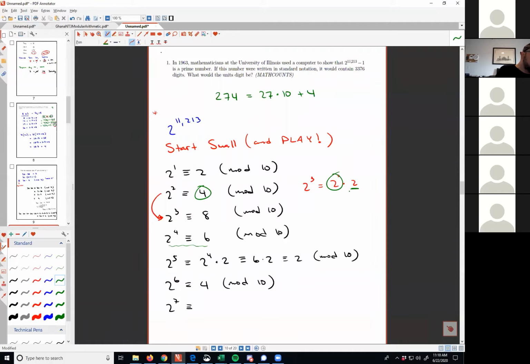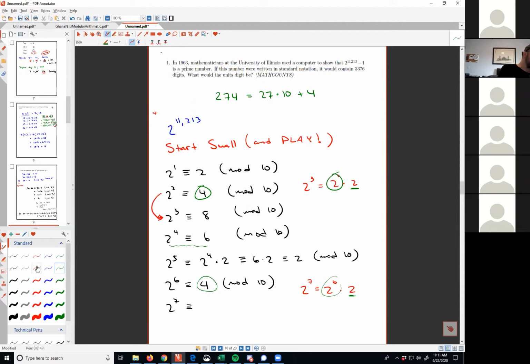Similarly, 2 to the seventh power is 2 to the sixth power times 2. Well, 2 to the sixth power is also 4, and then we multiply in an extra 2. So that's the same calculation as before, isn't it? 4 times 2 is always 8.